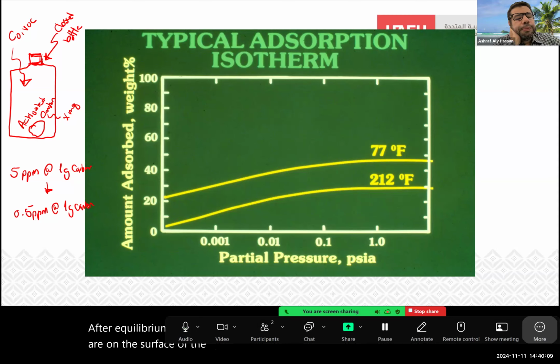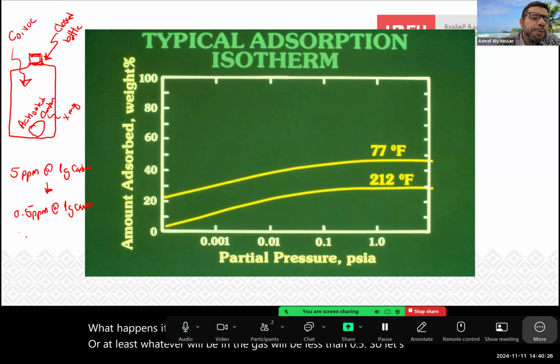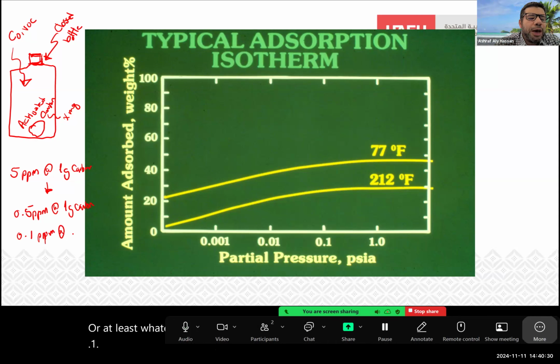Now, what happens if I put 2 grams of carbon instead of 1? Whatever will be in the gas will be less than 0.5. So let's say it will be 0.1 if we add 2 grams of carbon.